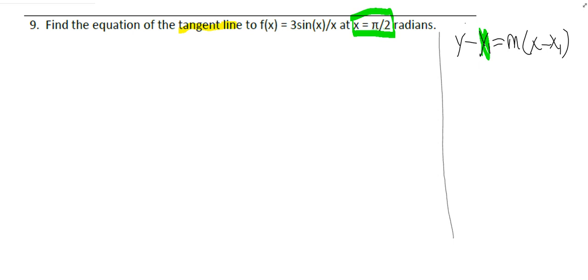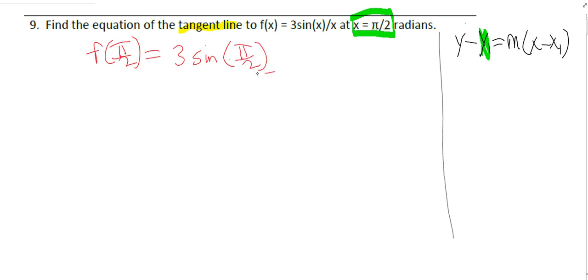So we have f at pi over 2, so that's going to equal 3 times sine of pi over 2 divided by pi over 2, because x is on the bottom. And remember, the sine of pi over 2 is just equal to 1.